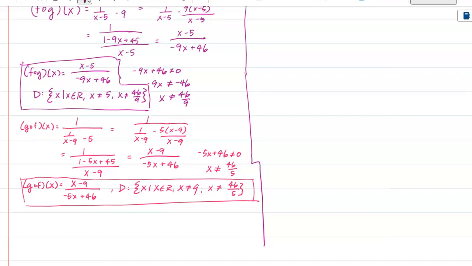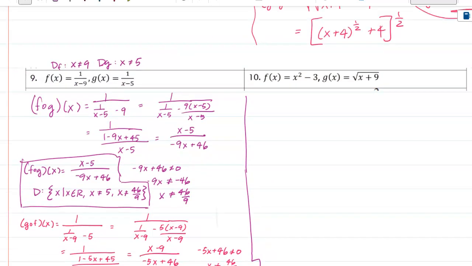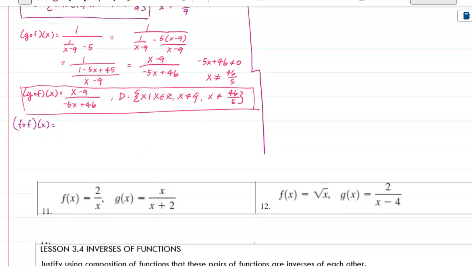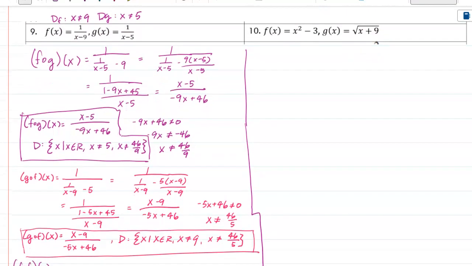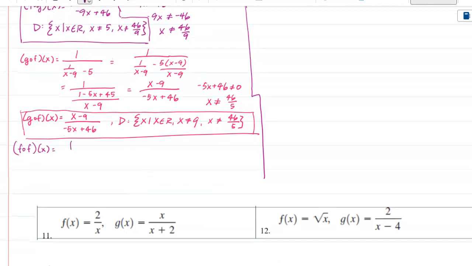Next, we are going to do f of f of x. Open up x minus 9: 1 over 1 minus 9, x minus 9 over x minus 9.